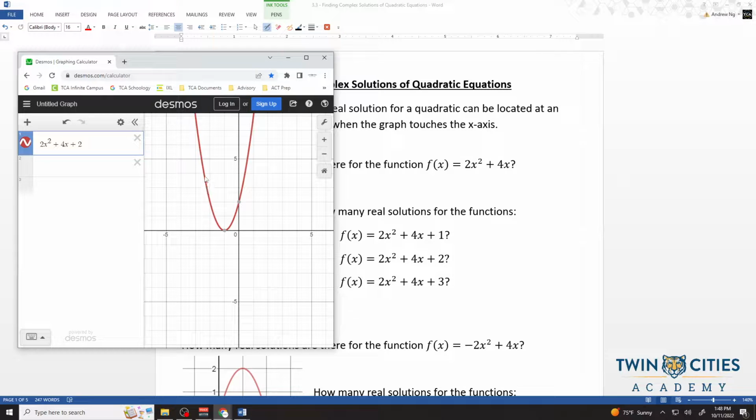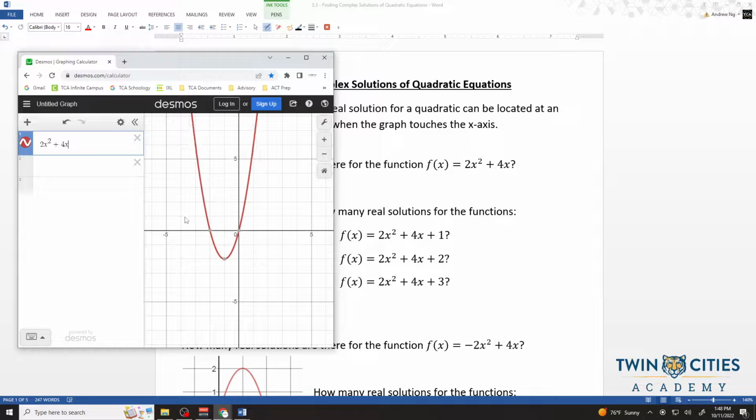Okay, in this case, it comes down, and then it hits the x-axis, and it bounces up. But it still hits the x-axis. This is one solution. And plus 3, well, in this case, it comes down and then it goes back up, but it doesn't hit the x-axis at all. So I guess there are 0 real solutions.